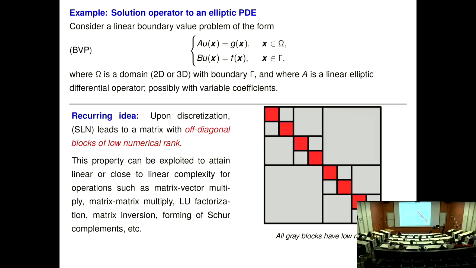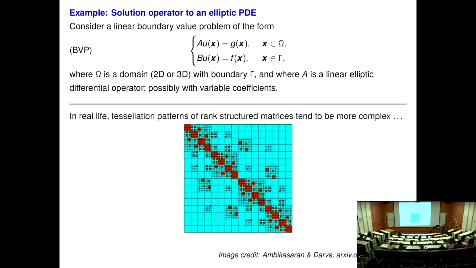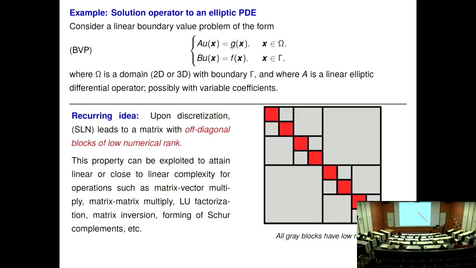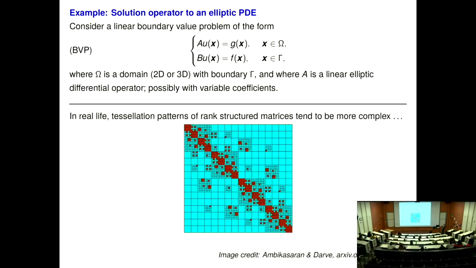And it turns out that the amount of information in such a matrix to any finite precision scales linearly with problem size, or n log n, or something like this. So I should say this is a cartoon. Typically, you have more complicated tessellation patterns because the tessellation is really based on a hierarchical tessellation of underlying space.